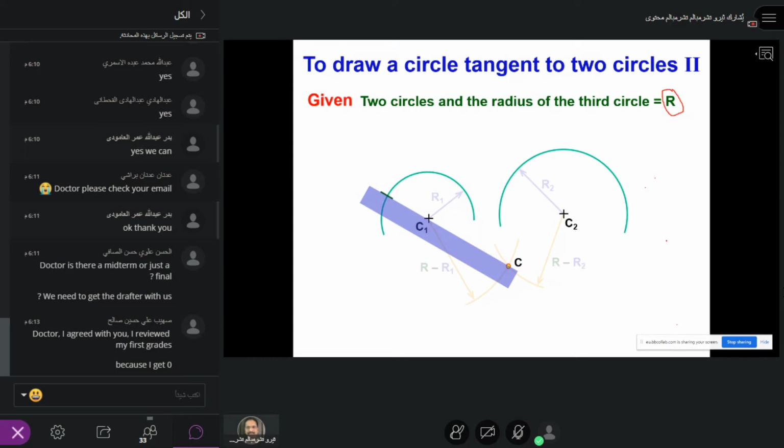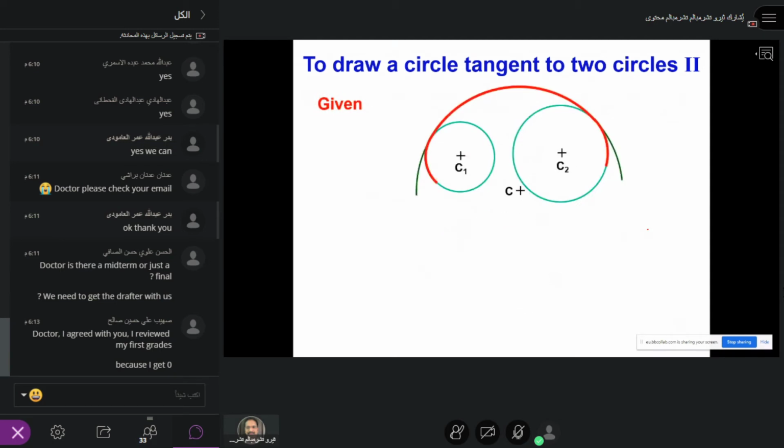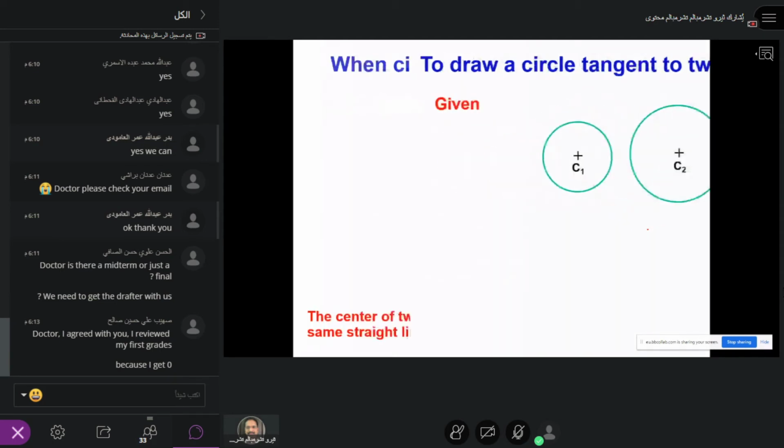Try to understand. Keep your laptop side by side, and then you start drawing it. Otherwise, it's going to be very difficult, and you will be losing marks. Careful. So let's continue.